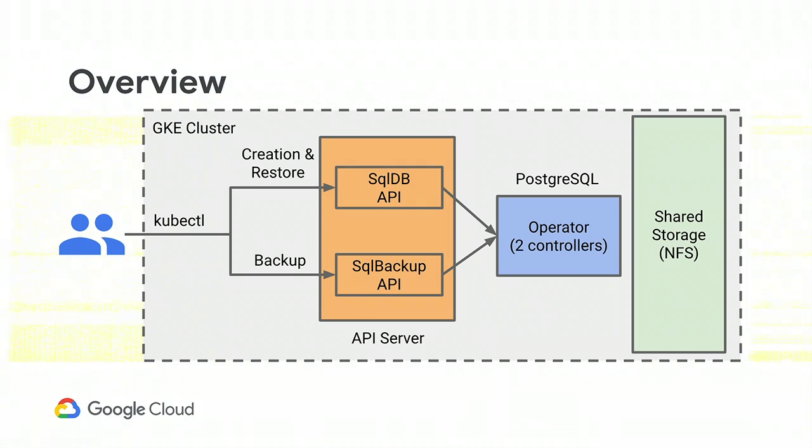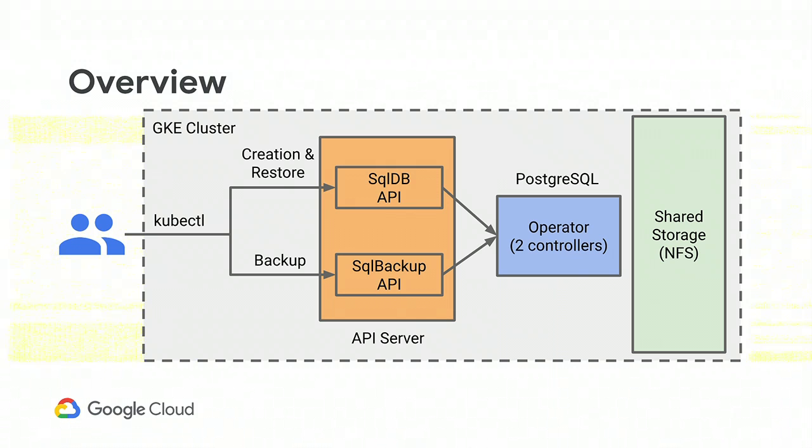The operator creates and manages a Postgres cluster. It comprises two APIs, like Sunil said: the SqLDB API and the SQL Backup API. The SqLDB API is used for the creation and restore of Postgres clusters, while the SQL Backup API is used to back up the data of the cluster.